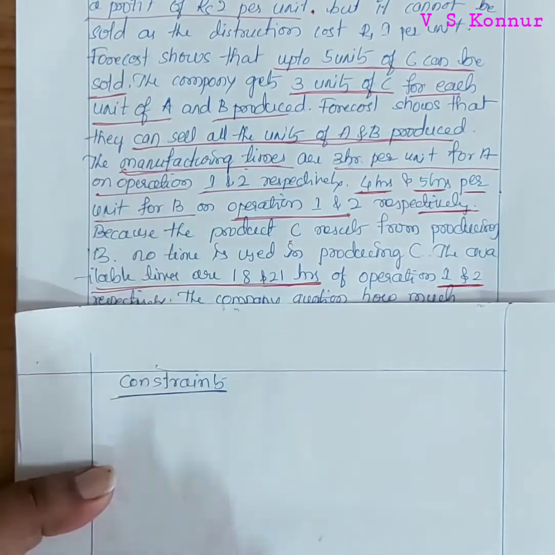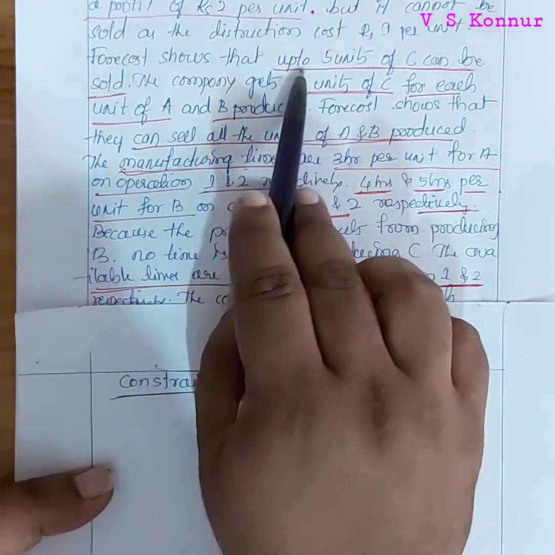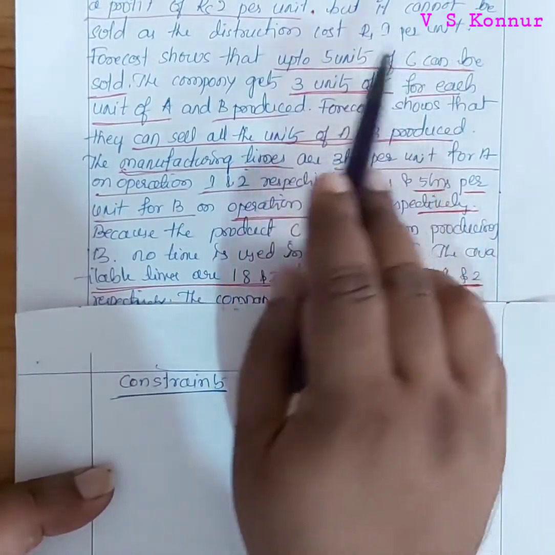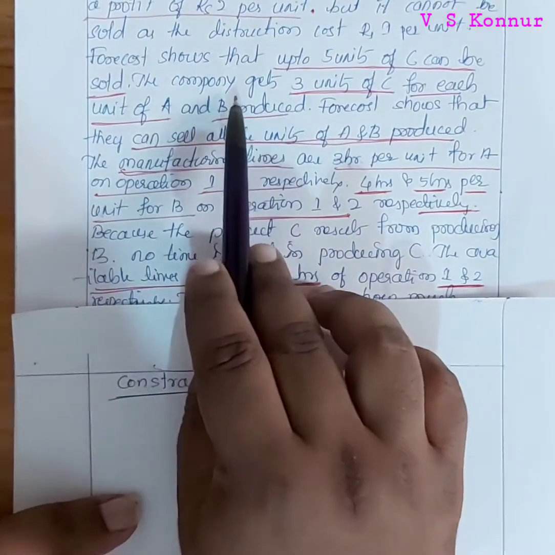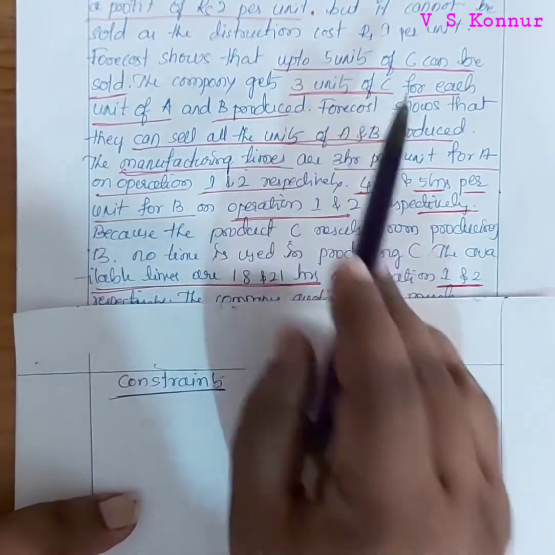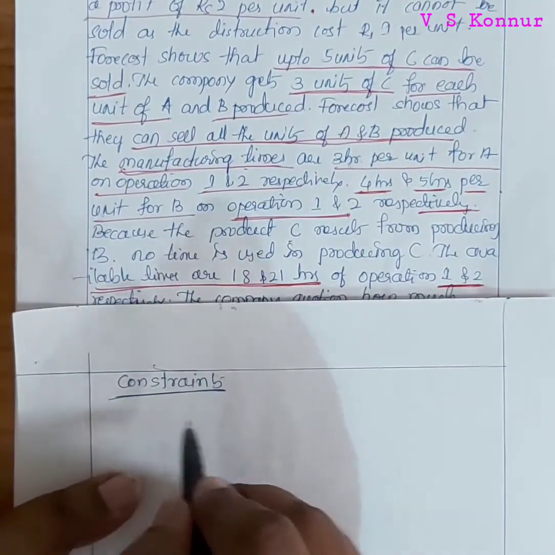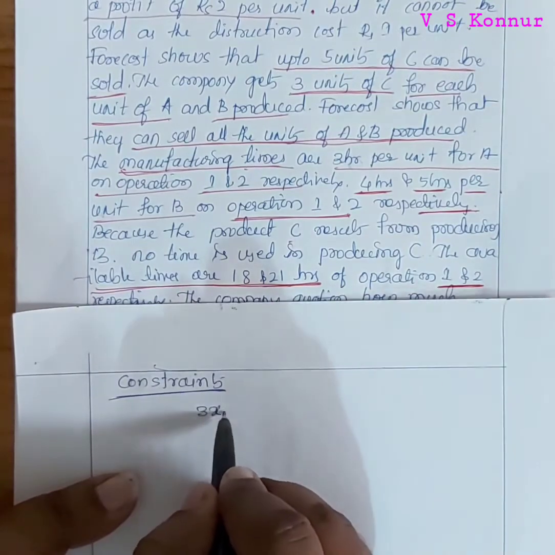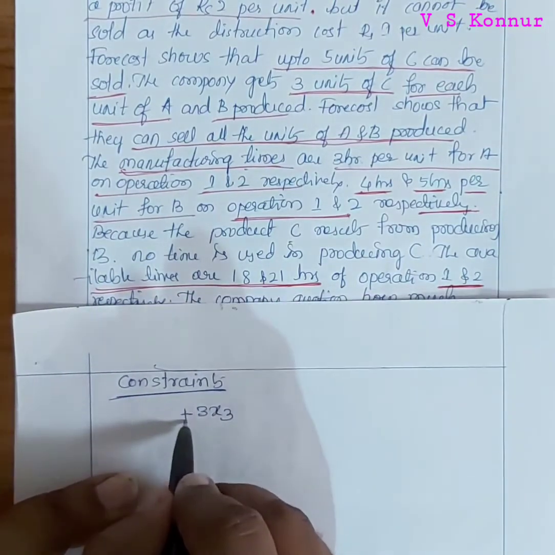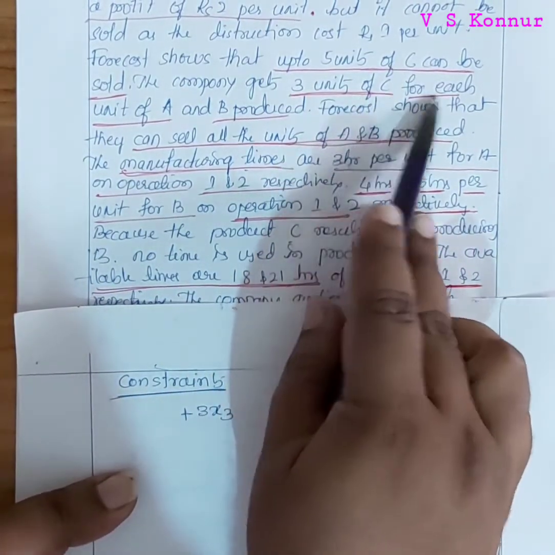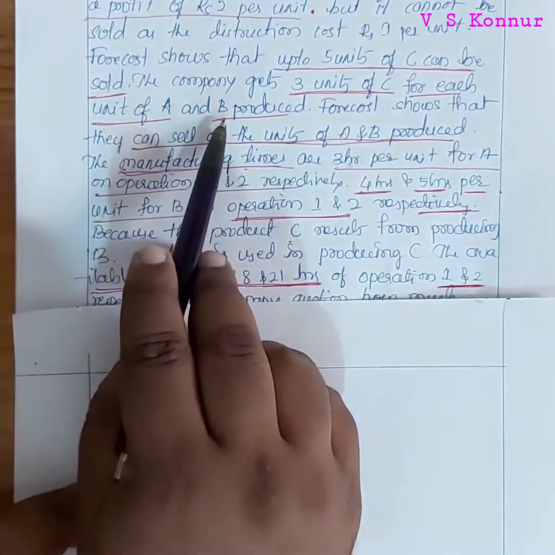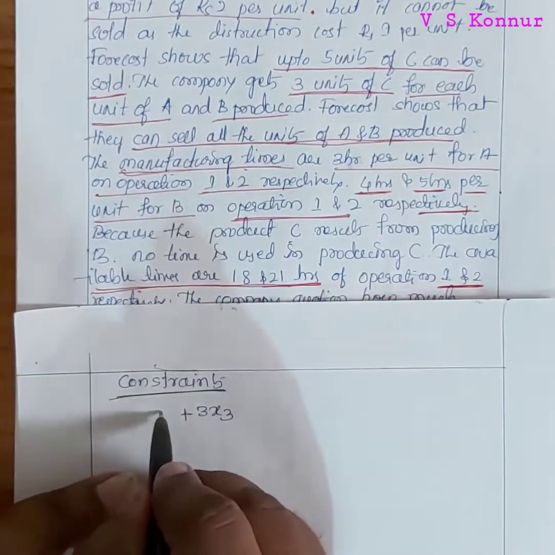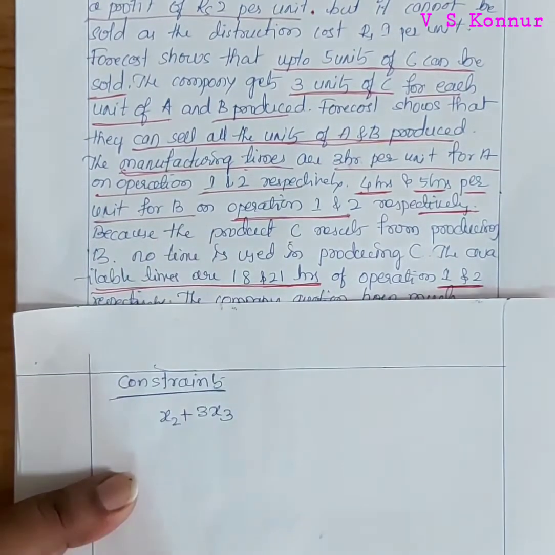Constraints for this problem. The first constraint: it has been given that up to 5 units of C can be sold. The company will get 3 units of C for each unit of A and B produced. Now C is a byproduct of B, so because of that we will consider it as x2.